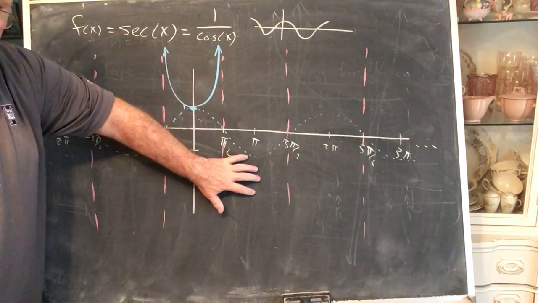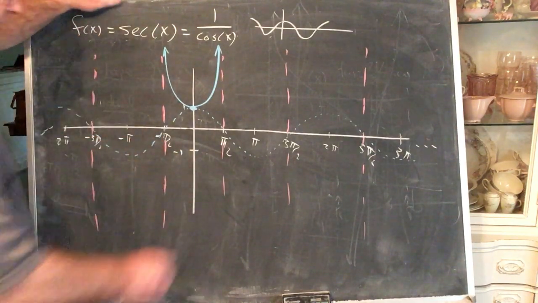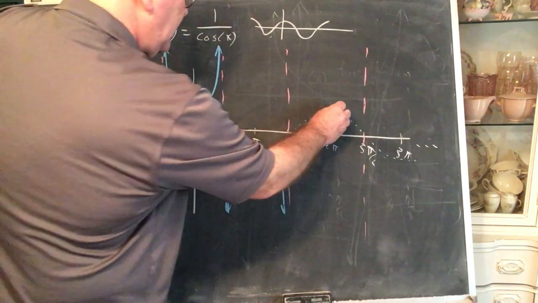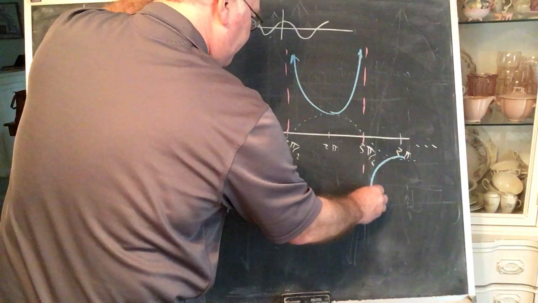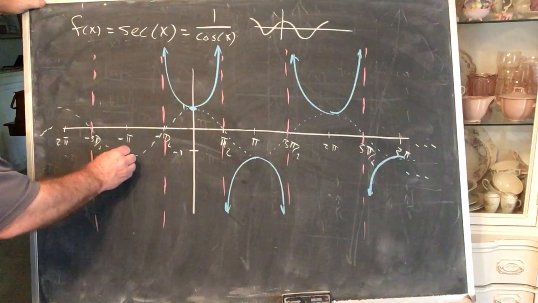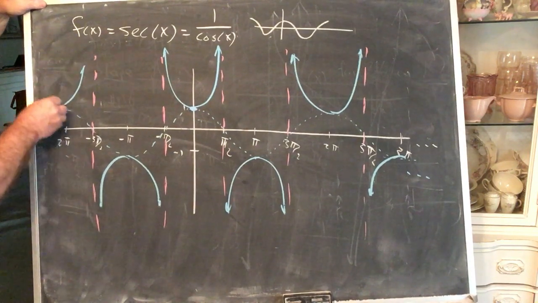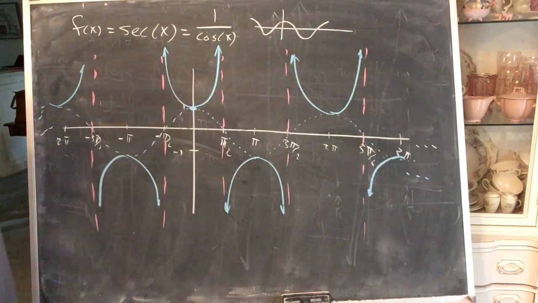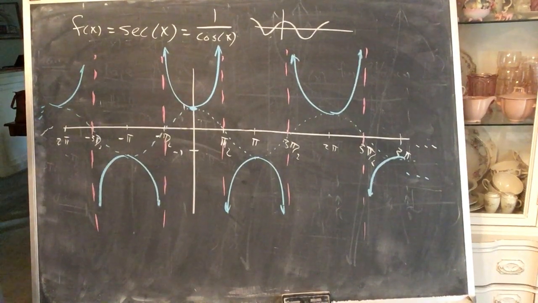Now the same thing happens here in this region, except everything is below the axis, everything is negative. And so you generate this, and then the same thing repeats itself in both directions. And so you get what one student once called this collection of horseshoes. This is the graph of the secant curve.